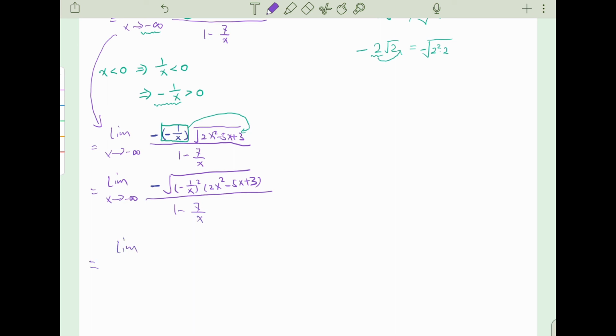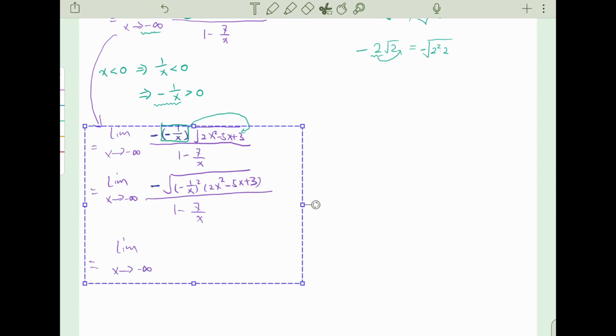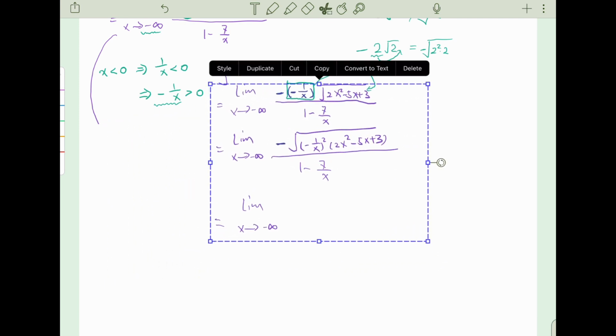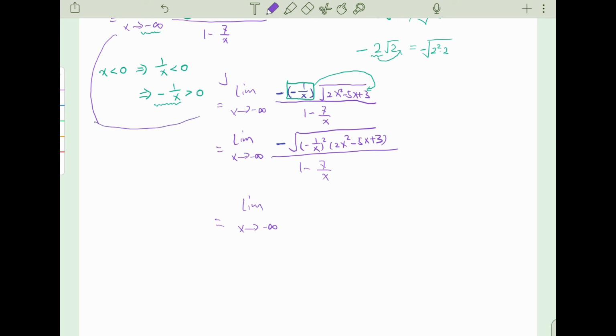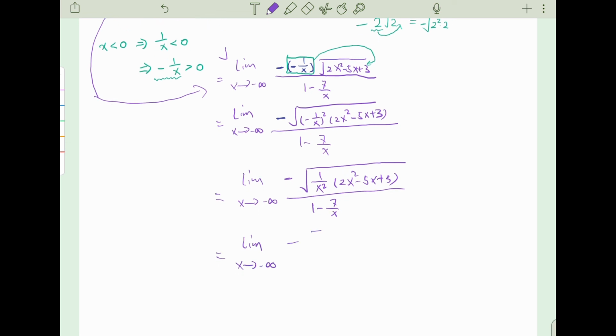And now we simplify the top to negative of the square root of 1 over x squared times 2x squared minus 5x plus 3, which is negative of the square root of 2 minus 5 over x plus 3 over x squared, divided by the bottom.